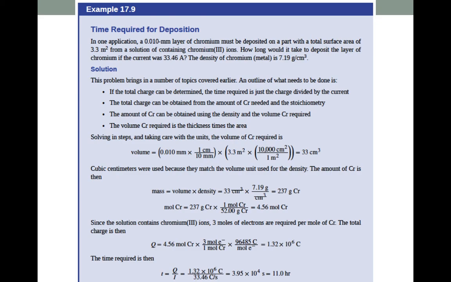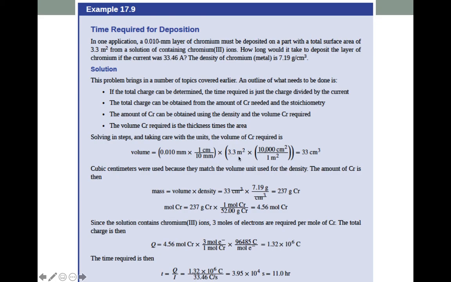If the total charge can be determined, then the charge can be obtained from the amount of chromium needed for stoichiometry, so you're still going to need a balanced equation, and that would be one of your half reactions. The amount of chromium can be obtained using the density and the volume required for the thickness of the area, the thickness times the area. So volume is going to be the thickness, and that has to be converted to centimeters.